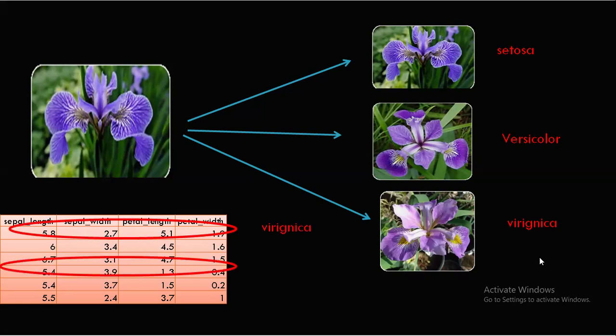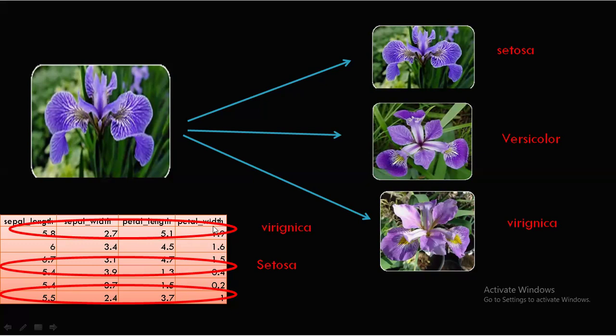For example, here, look at the Setosa. Each flower has a unique combination of these four measurements. In the case of Setosa, usually the Setosa flower has smaller petals and sepals.